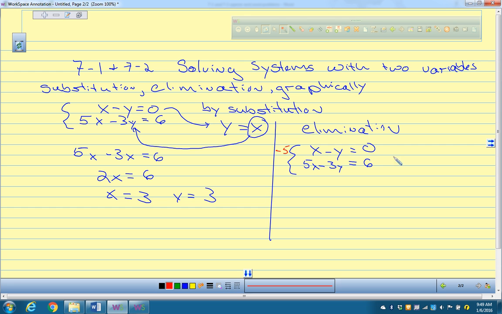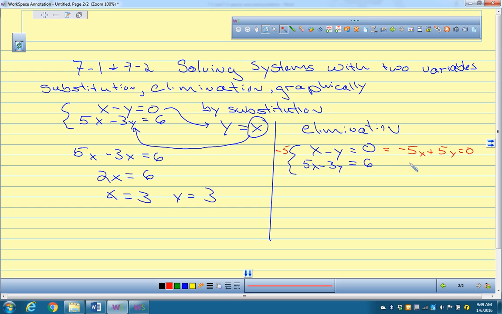So I'm going to multiply this one by -5, and people always forget to multiply. This isn't going to change this because this is 0, but if it were a number like 1 or something, right? So then I get minus 5x plus 5y, sorry, already making mistakes. Plus 5y, right? 5y equals 0.